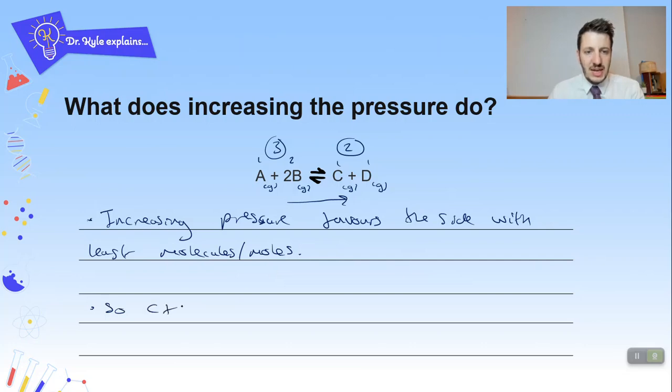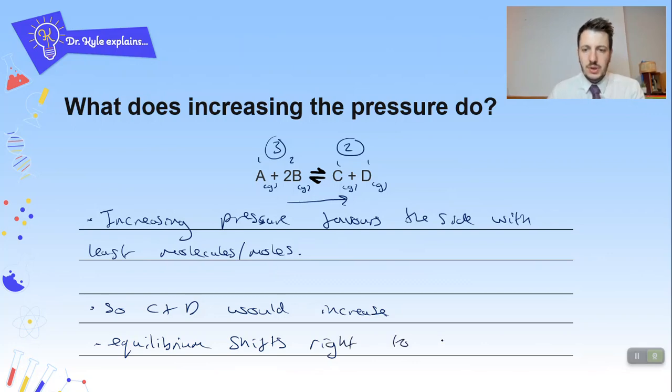So C and D would increase. Equilibrium shifts right to counter the change.